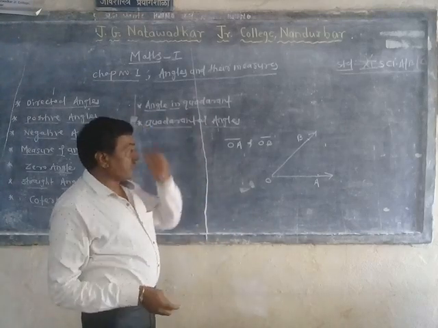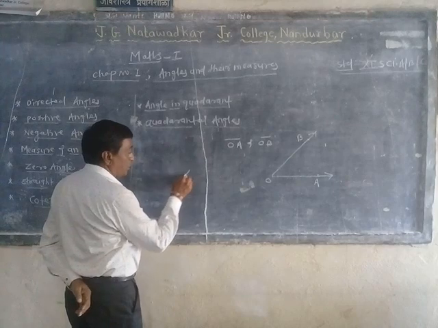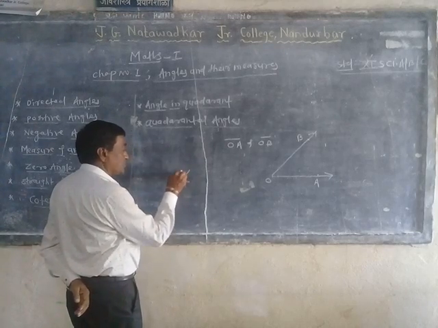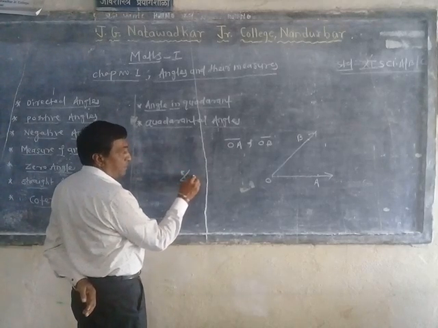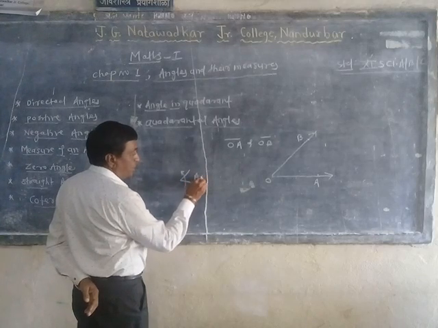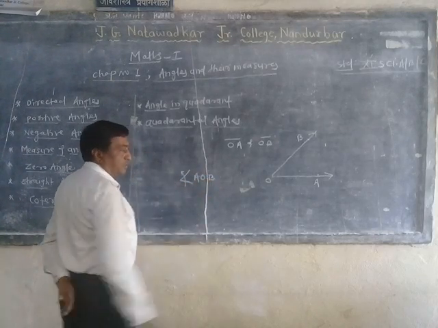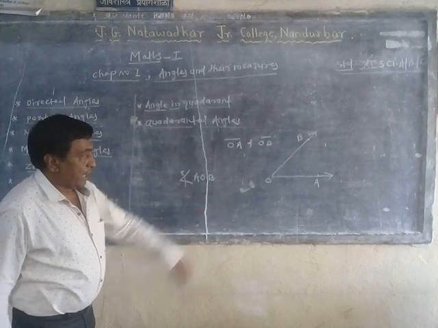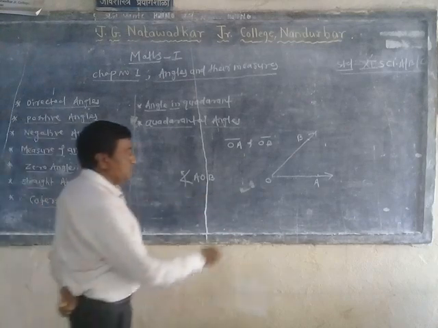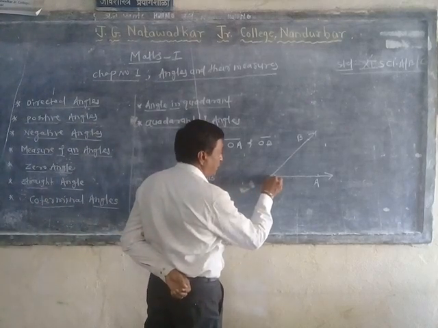Now this directed angle is denoted by this symbol, and the name of the angle will be AOB. In this directed angle, the point O is called the vertex.